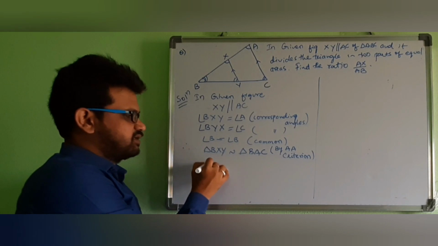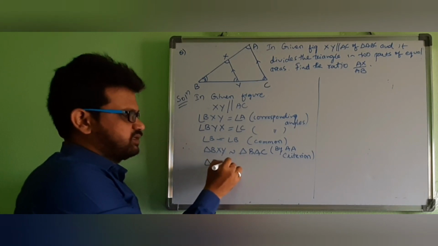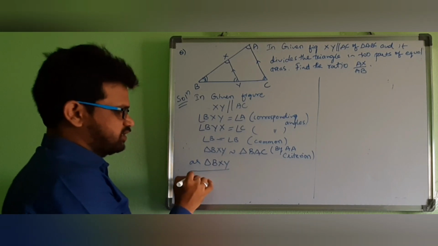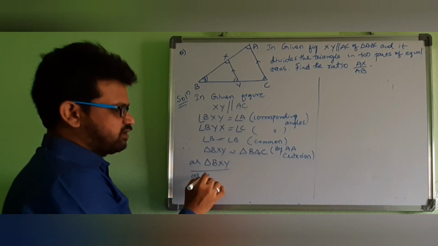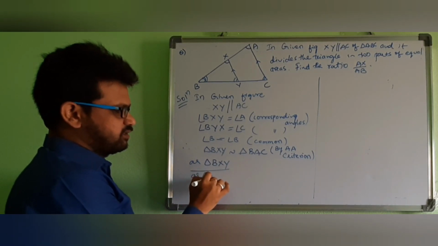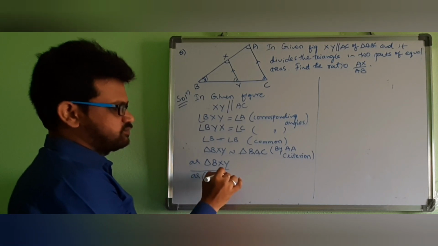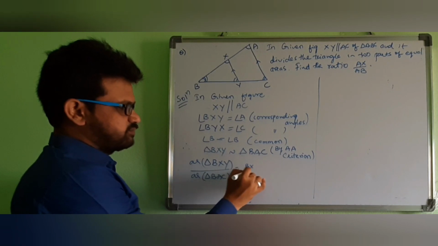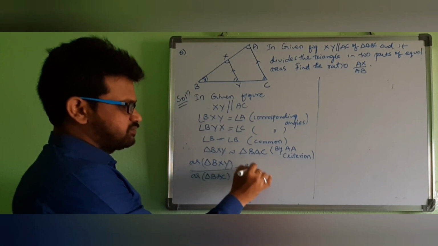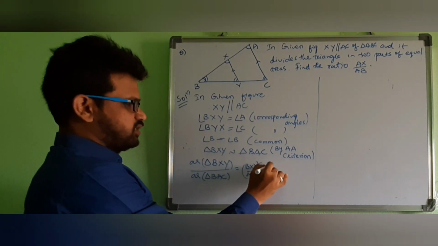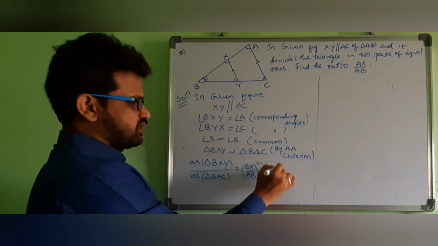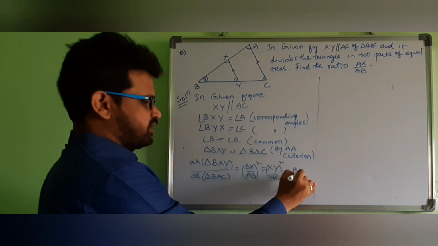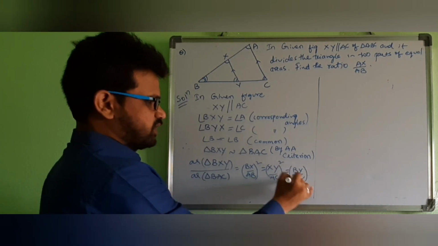Then we can write that area of triangle BXY divided by area of triangle BAC is equal to BX by AB whole square, is equal to XY by AC whole square, is equal to BY by BC whole square.